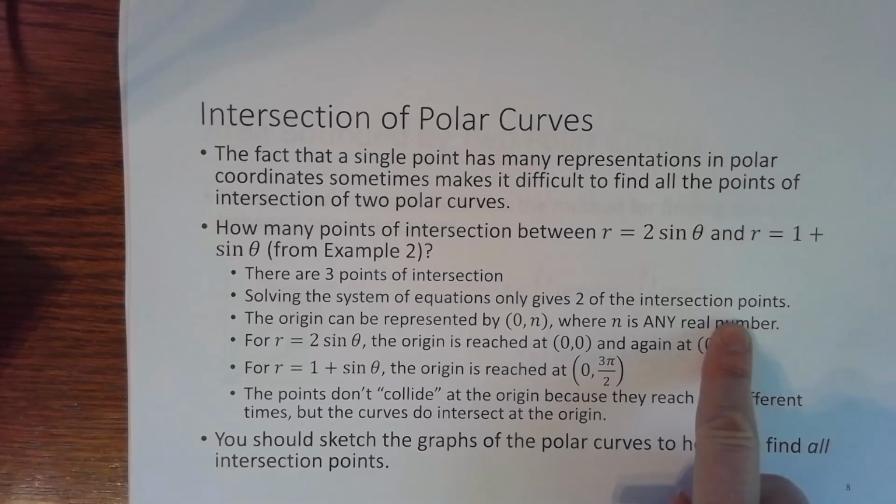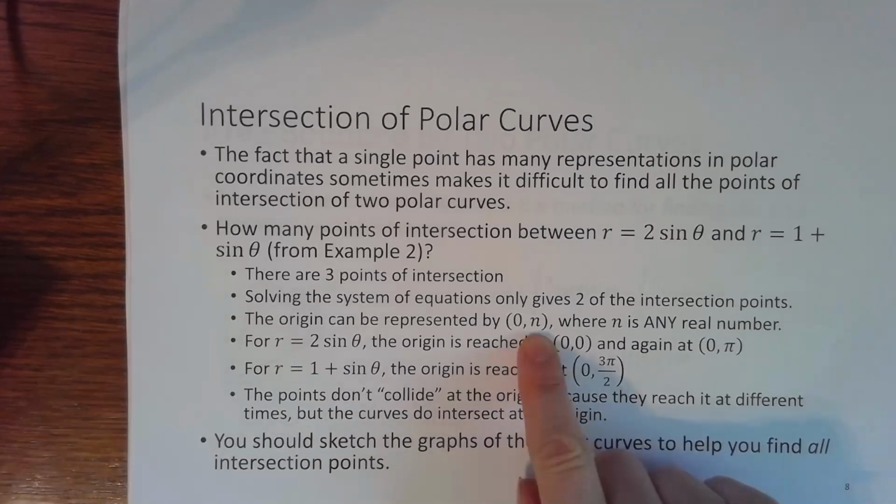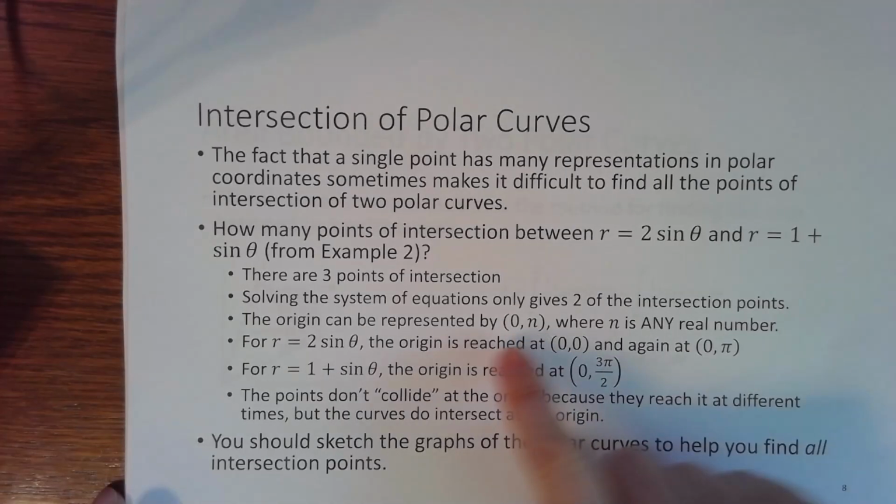So here's the difficulty. The origin can be represented by an infinite number of different representations: it can be r equals 0 and then any angle. Any angle, and then go out 0 from the origin, you're always going to get the origin.